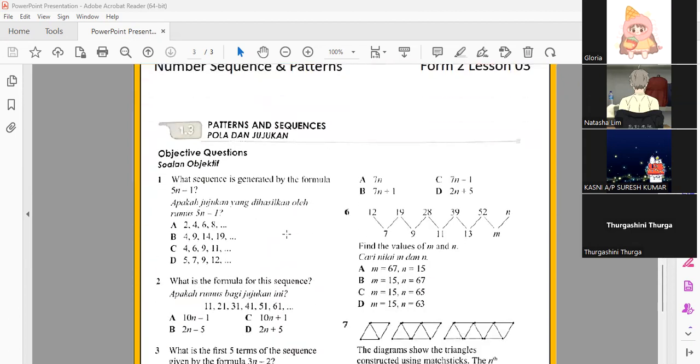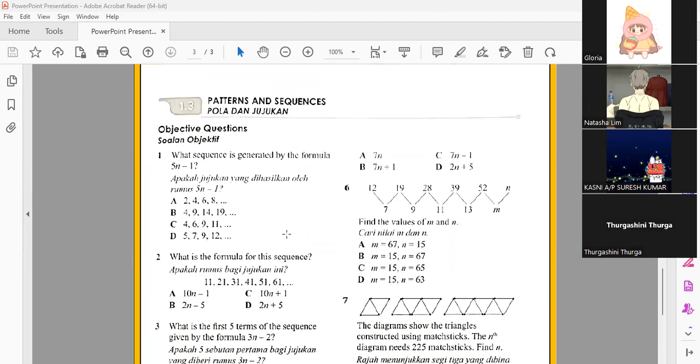A bit more challenging. This time there's unknowns coming into the picture. If you remember the lessons last time, there is a term like 5n minus 1. Then when you put in the value for n, you get a different answer. So what sequence is generated by the formula 5n minus 1?